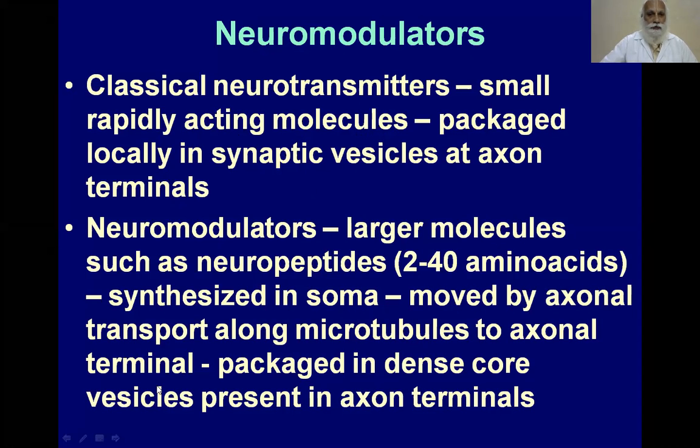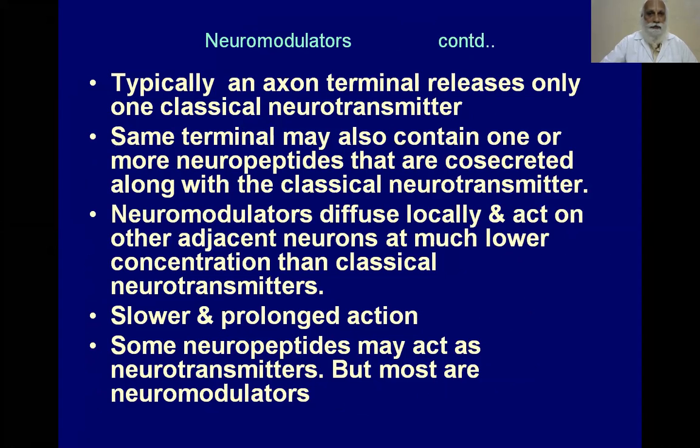They are packaged into dense core vesicles present in the axon terminals. Typically, an axon terminal releases only one classical neurotransmitter. The same terminal may also contain one or more neuropeptides that are co-secreted along with the classical neurotransmitter.